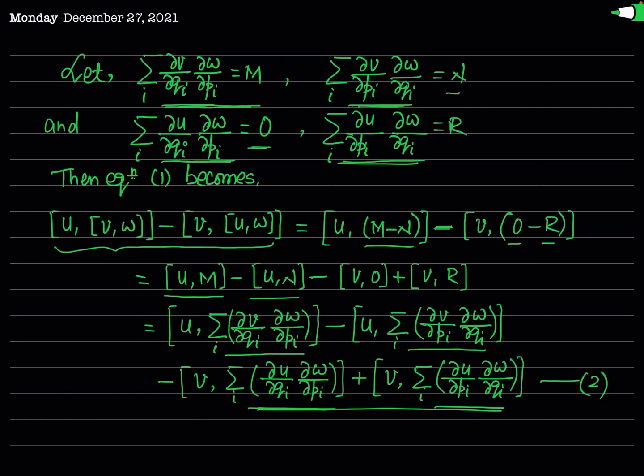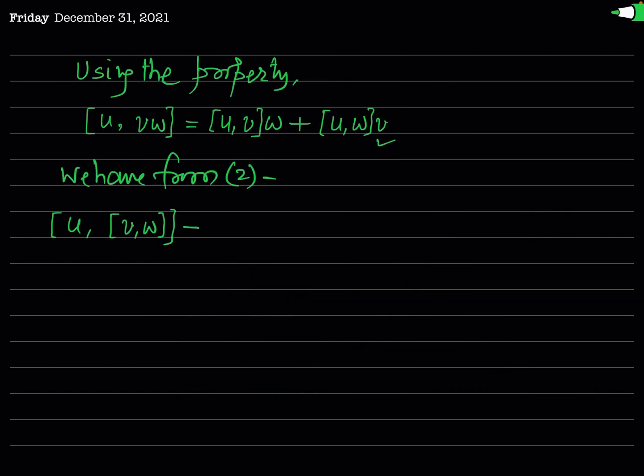Poisson bracket of V with Poisson bracket of U and W. So this is Poisson bracket of V with Poisson bracket of U and W.